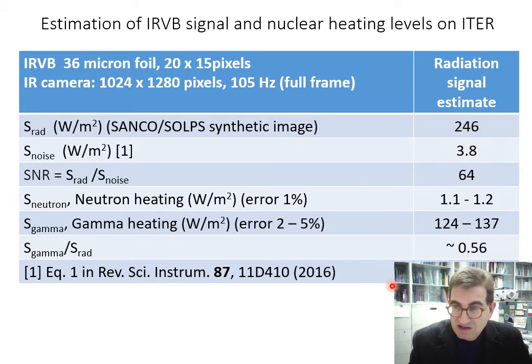So this indicates that we will need a shutter to remove the signal from the radiation, and then measure the gamma heating so we can subtract that off.